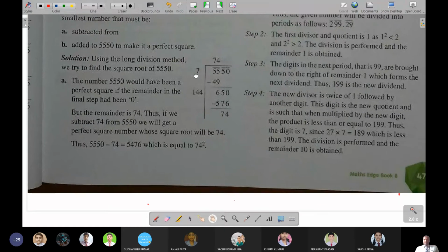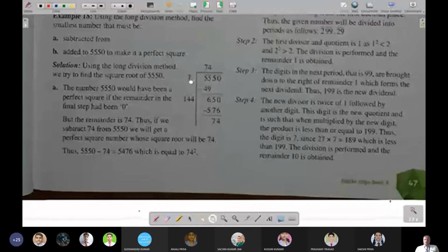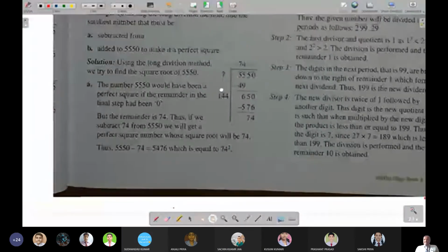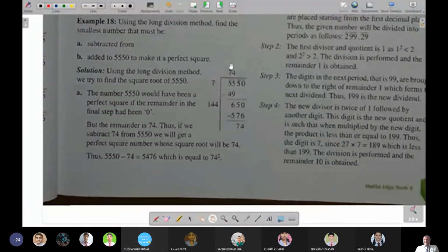Getting me? Yes, sir. Now when it is said added, then one more square you will find, like the square of 75, and from that you will subtract 5550 to know what should be added.